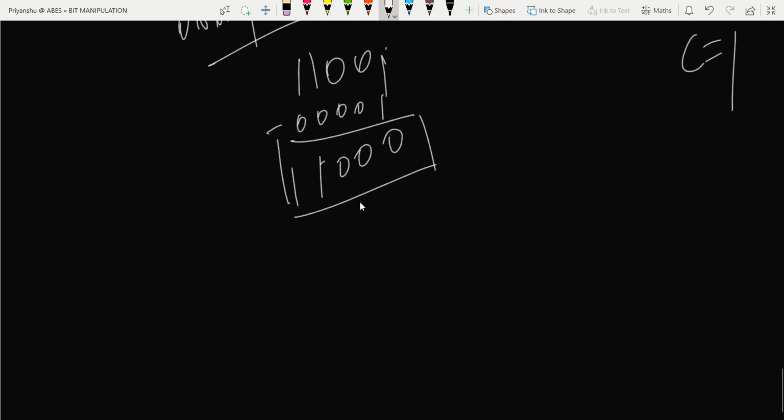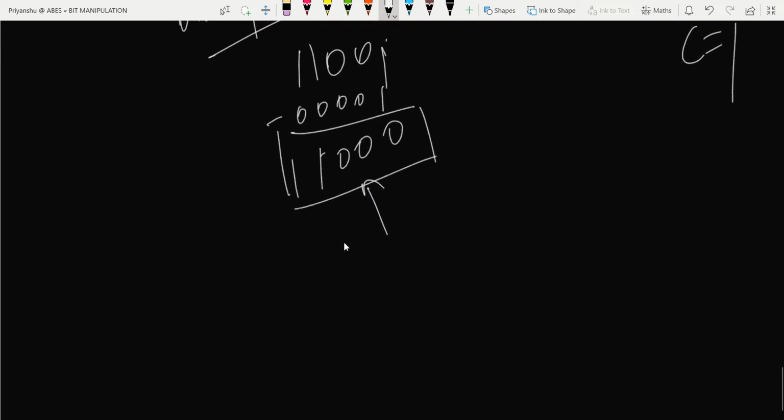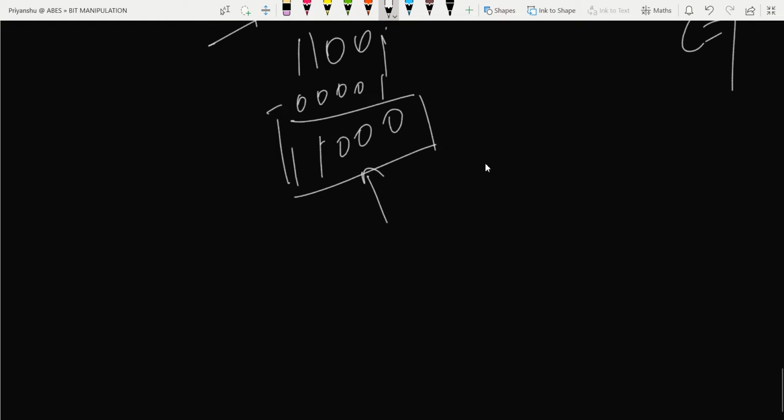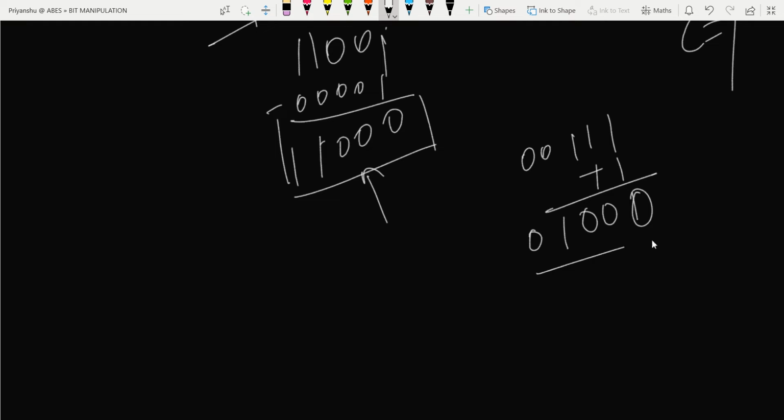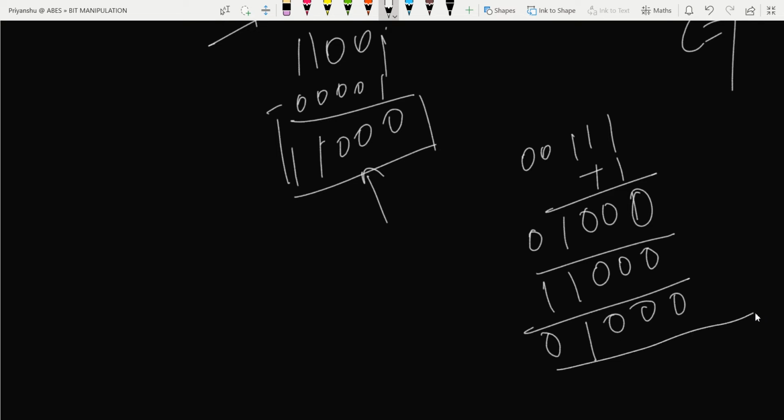We again find the rightmost set bit value for this binary representation. So what would it be? We take the negation 0, 0, 1, 1, 1 and add 1 to it. Sorry, 0, 0, 0, 1, 0. It would be the representation. We take the AND value of it to be 0, 0, 0, 1, 0.